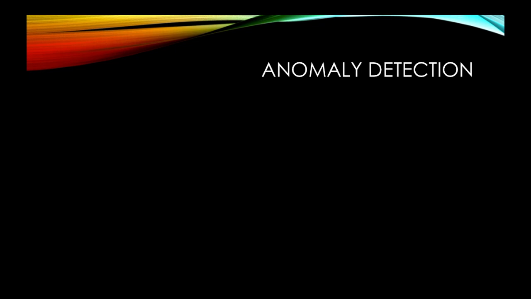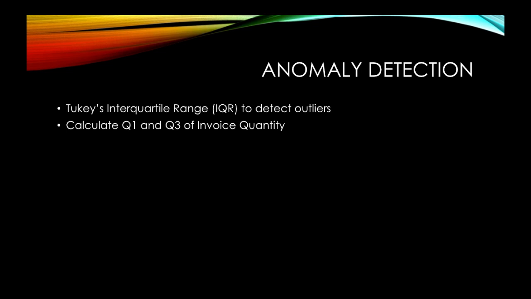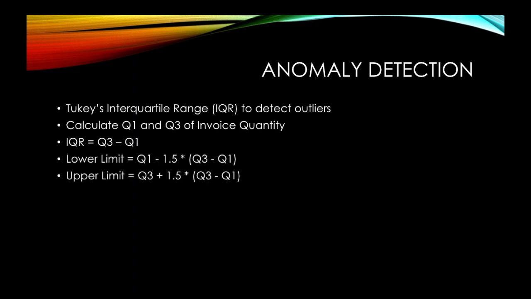Now let's look into what anomaly detection technique I used in this project. I have used John Tukey's interquartile range rule to detect outliers. The idea is to calculate the first and third quartile. We have done this on the quantity column of our invoice table. Then we calculate the interquartile range and the upper and lower fence on the entire dataset.